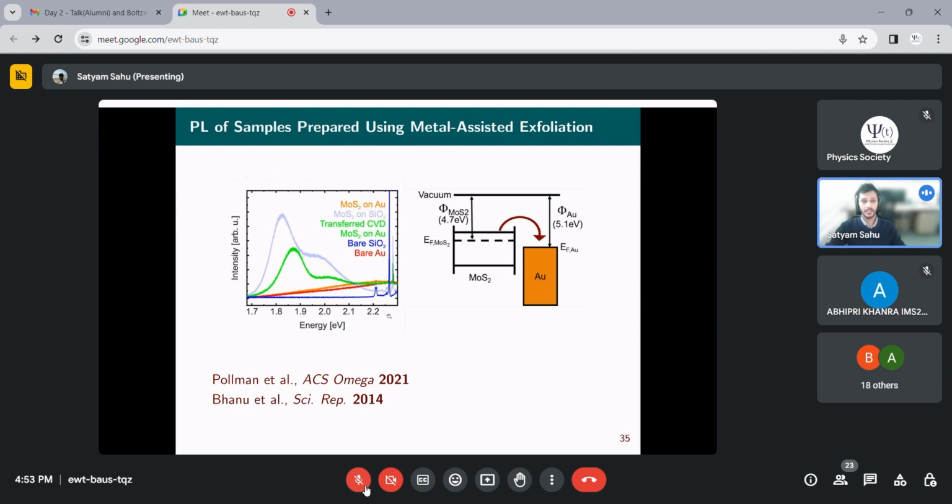So that's amazing. You can exfoliate large size flakes, but they are useless, because you are changing quite a lot of their properties. You are changing the band gap, the emission, the strains and doping, and a lot of things.